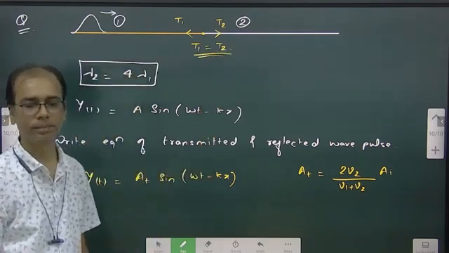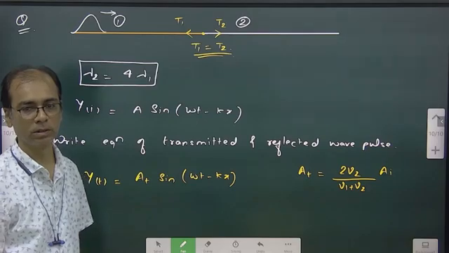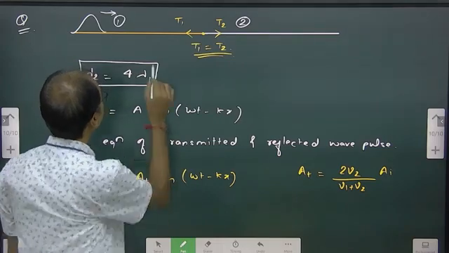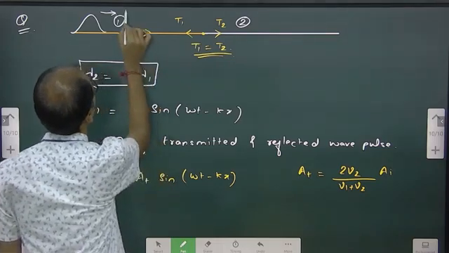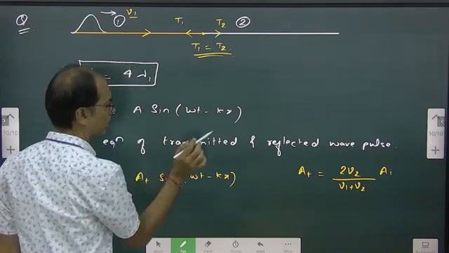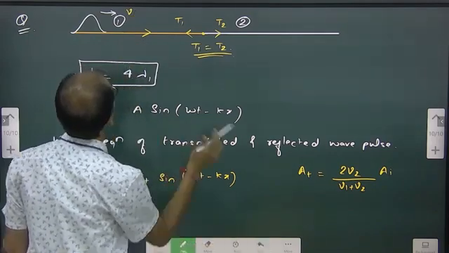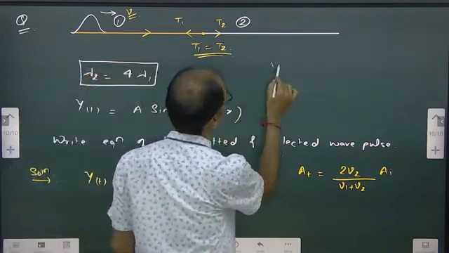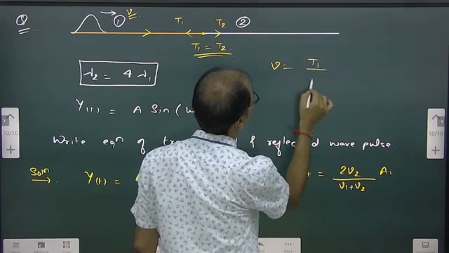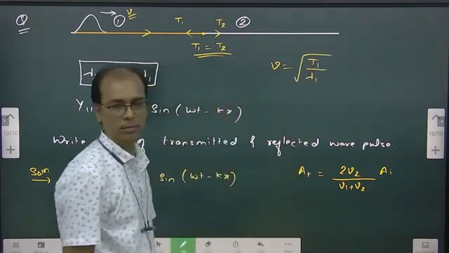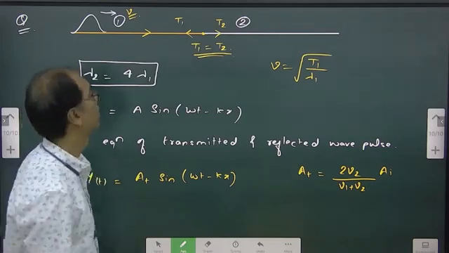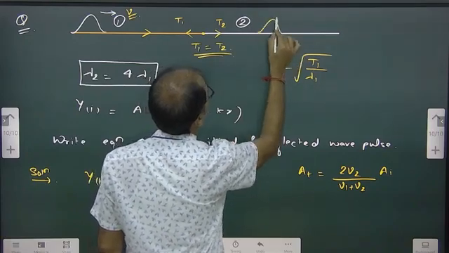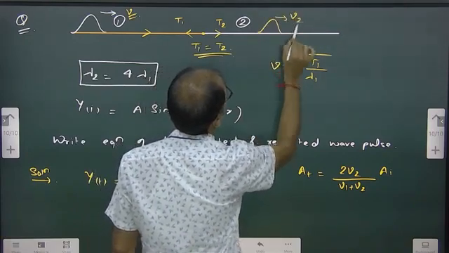Point number 1. Now let's talk about velocities, because we are bothered only about velocities. Okay, so here suppose I say velocity of this is V. So what is V actually? V actually is root over T1 by lambda 1. Correct. Then velocity in this one, the transmitted one, let's say, is v2.